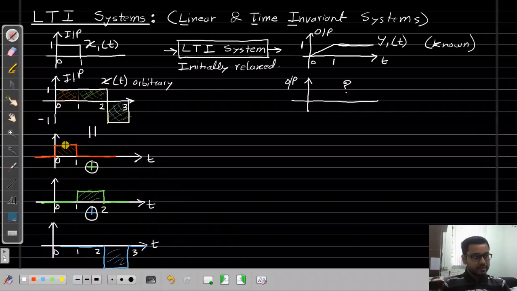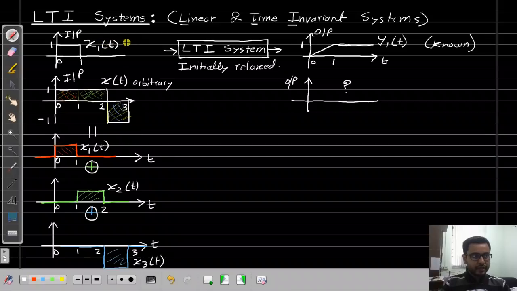Let me now observe that this red colored signal is nothing but this x1(t). So let me write this as x1(t), call this x2(t) and call this x3(t).